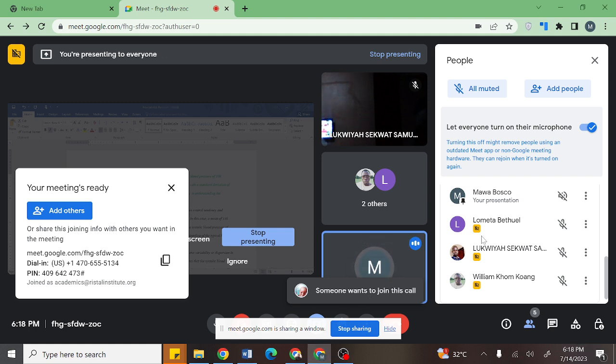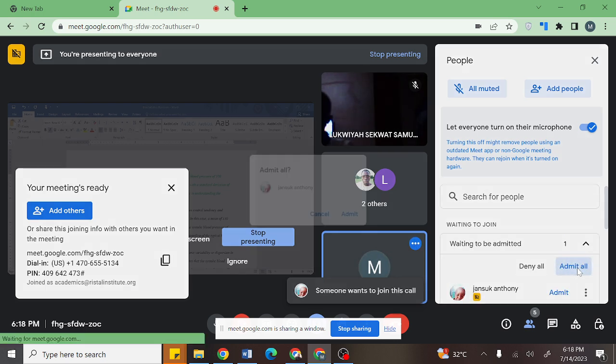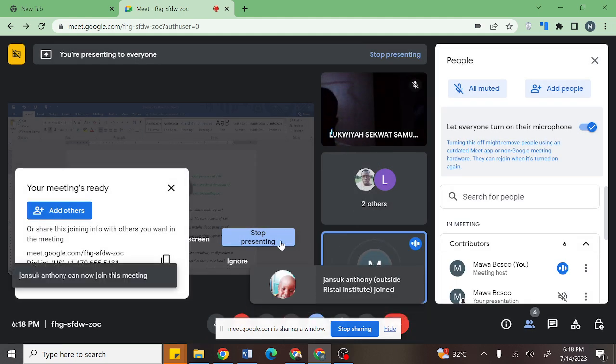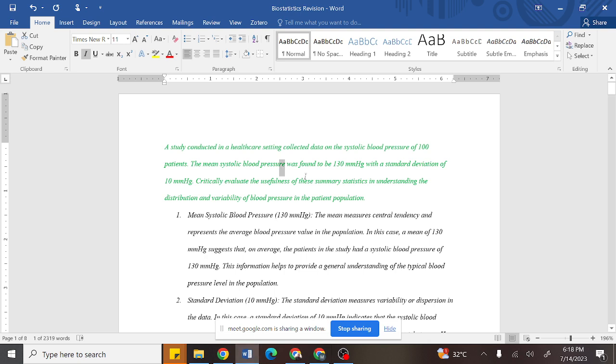So for you to tackle that question, you needed to have understood what these two things mean: the mean and the standard deviation. What are these key things? What do they mean, and when do we use them? What is the advantage of using them, and what are the disadvantages of using them?